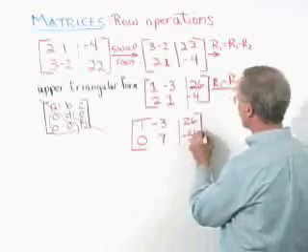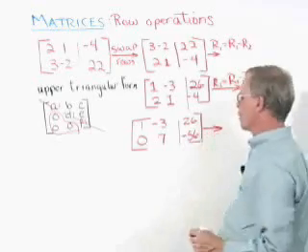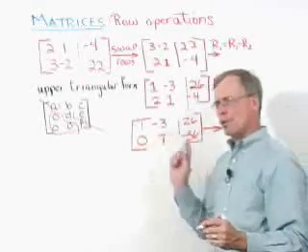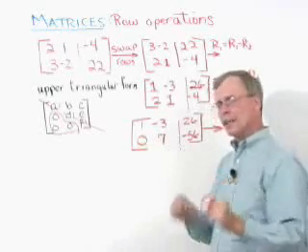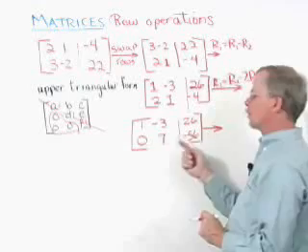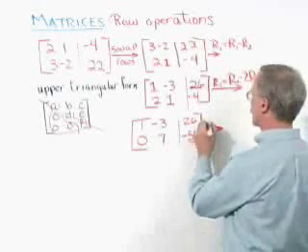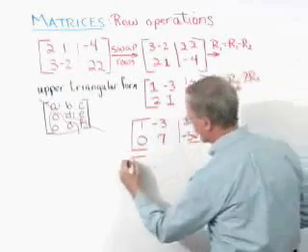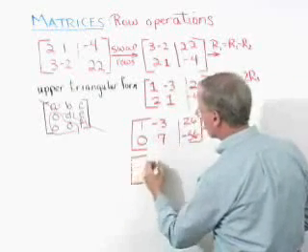Now the last thing we could do to this problem is, because remember these rows are really equations, we're getting equivalent equation sets, then we could divide both sides by 7, so we could take R2 and divide it by 7, and that would look like this.